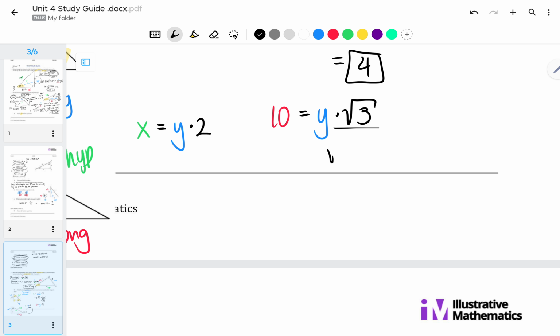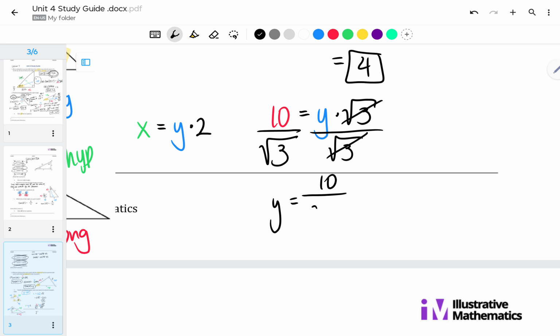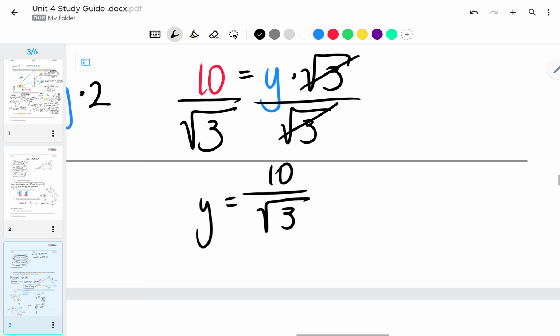So I'm going to go ahead. Remember, the opposite of multiplying is dividing, and I'm dividing because I want to get y by itself. So those cancel out. Let me write this on the left side. The y is going to equal 10 over square root 3. But what do we say about having a square root at the bottom?